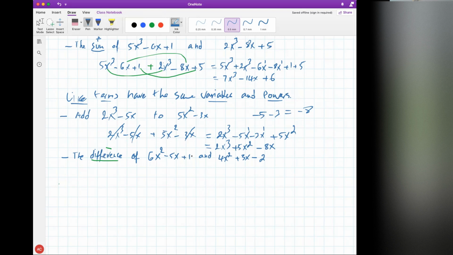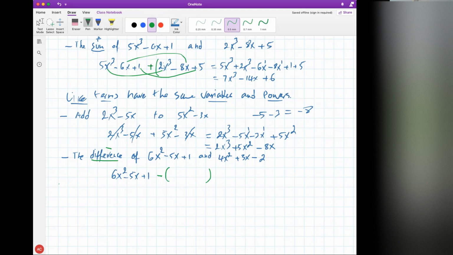The difference of this and this means this. We're going to write that polynomial first. And since we're subtracting, we're going to have a minus. And it is important that we put the other one in parentheses. For addition, no need for parentheses, because if we distribute the plus over the parentheses, nothing changes.